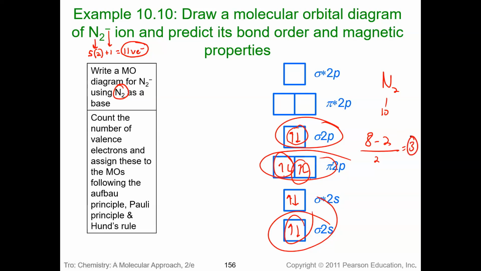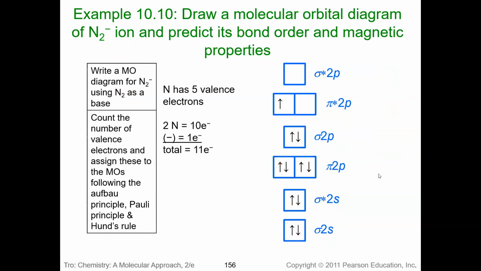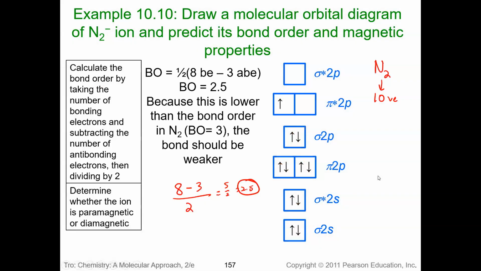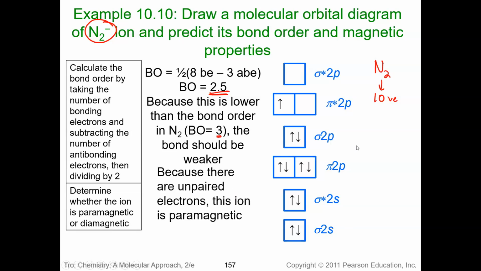That bond order is 3. So the bond order for the nitrogen molecule is 3, and the bond order for the N2 minus ion is 2.5. Because this bond order is lower than nitrogen, the bond should be weaker. The higher the bond order, the stronger the bond.